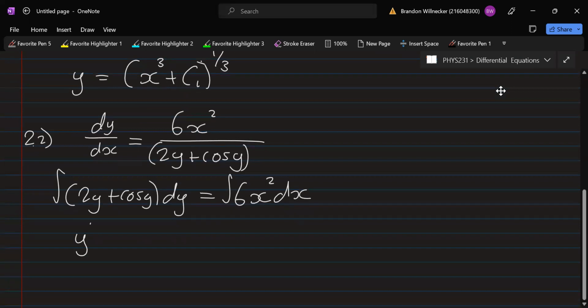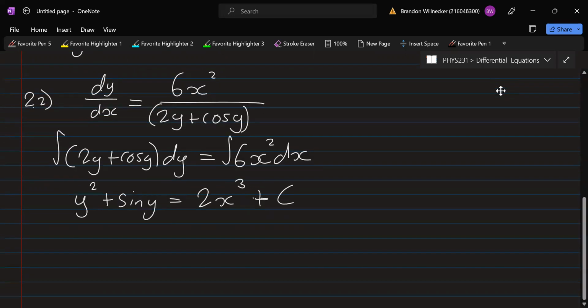Here we're going to get y squared plus sine y is equal to 2x cubed plus our constant c. But now notice that this left-hand side, the y squared plus sine y, is not an invertible function. So we can't directly solve for y.